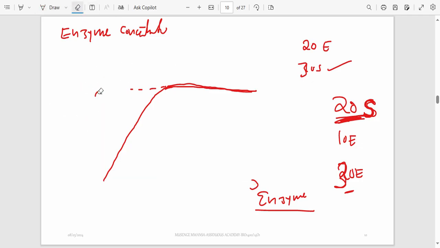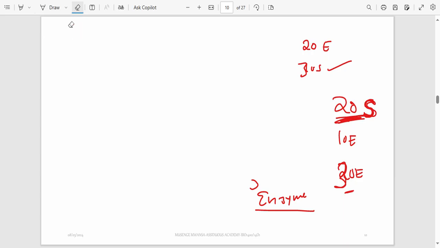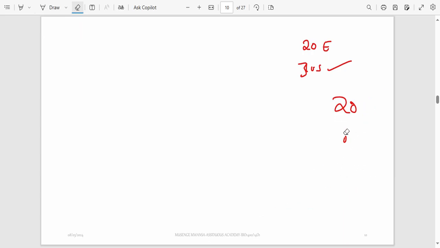Okay, let me talk about inhibition and then we answer some exam questions on this topic. So we have talked about things that can speed up the rate of the chemical reaction, but there are also things that will inhibit or hinder the way enzymes function, and we call that inhibition.